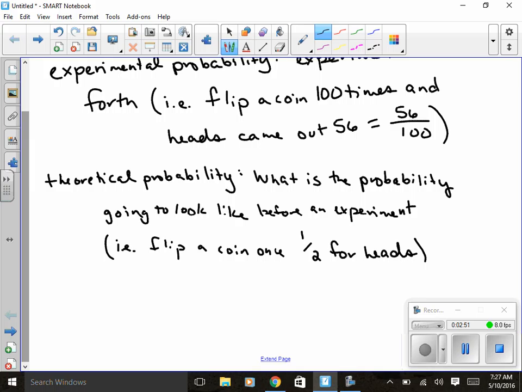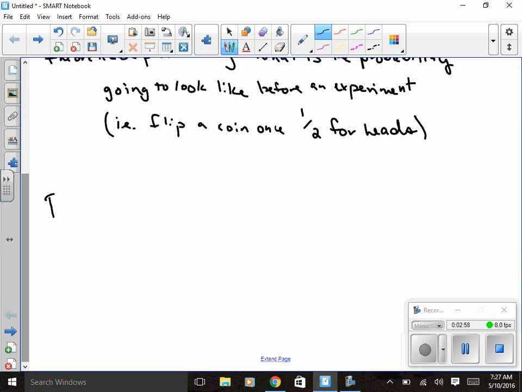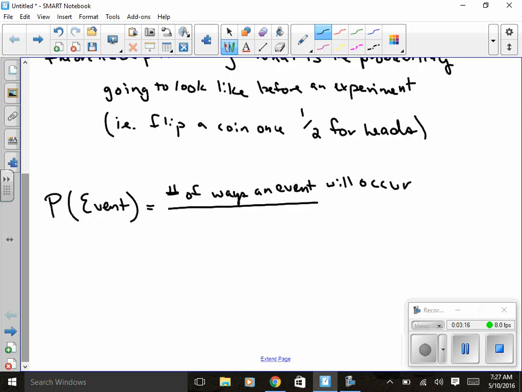So a probability, realistically, when you're listing it, the probability of an event is how many ways an event will occur over the total number of ways possible.